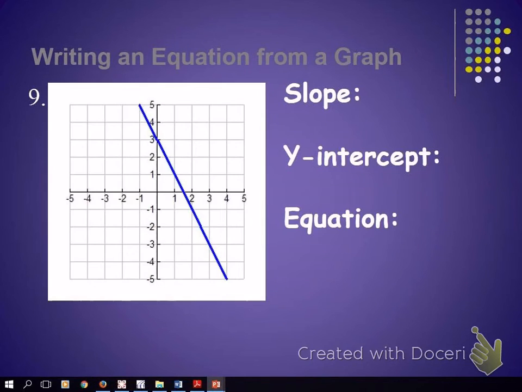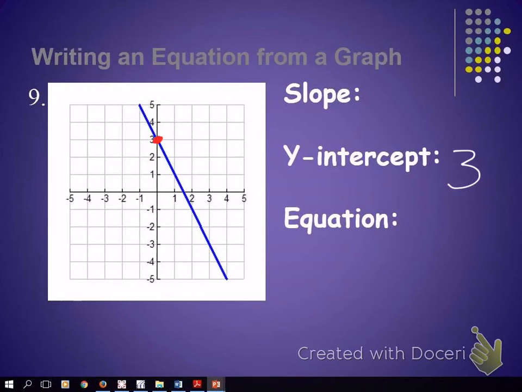Okay? All right. Try to write the equation of this guy. Okay? Think about that for a second, then we'll walk through it together. All right. So the y-intercept was where? Well, here. At 3. Now the slope.